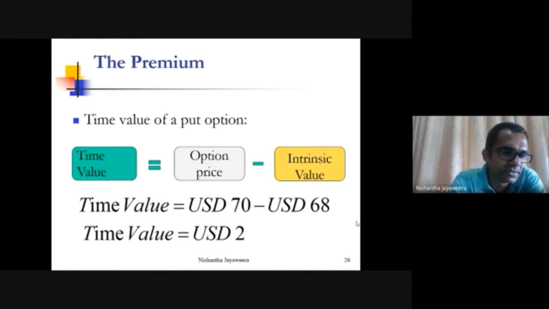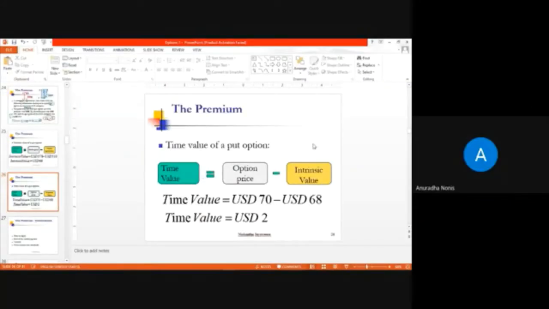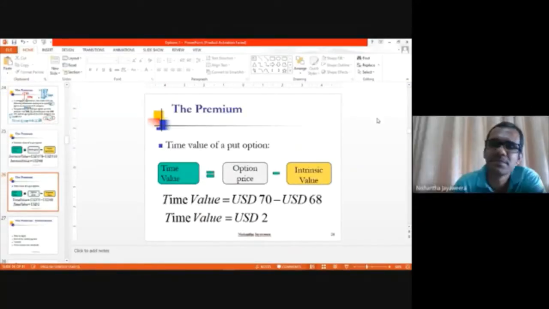Is it difficult? No, sir. All the concepts are similar. That's why it's confusing sometimes. Yes, you have to work it out slowly and be clear on that.